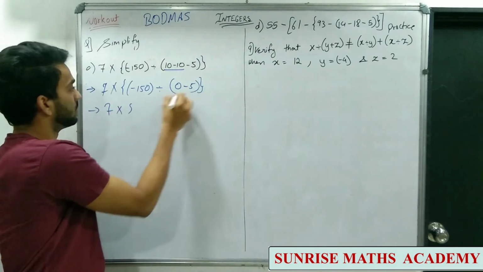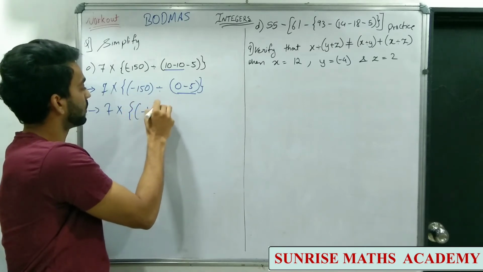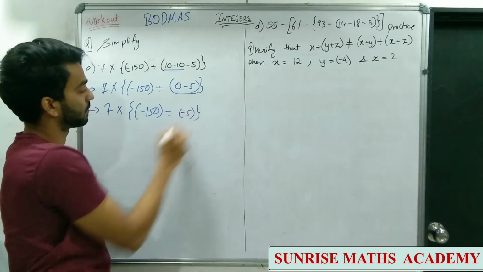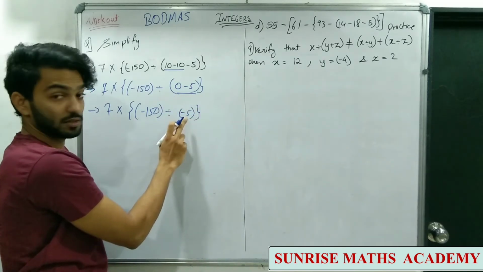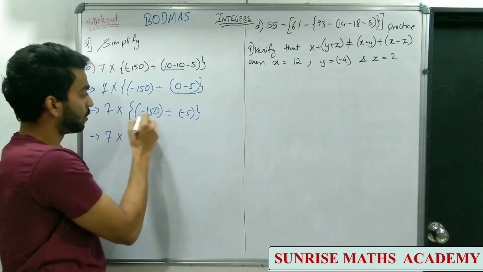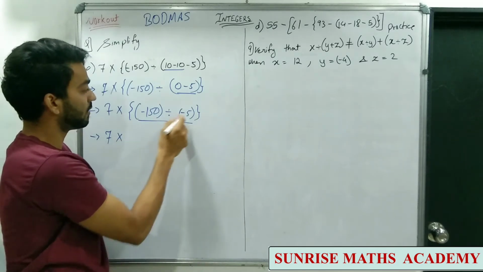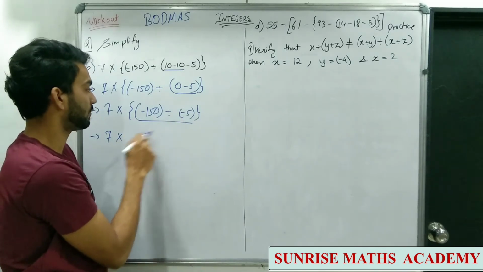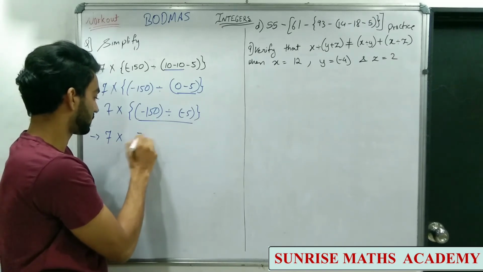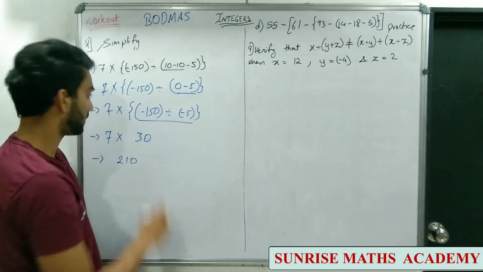Then this will solve: minus 150 divided by minus 5. The value of this bracket is negative, therefore I have given the bracket there. Now we are going to solve this curly bracket. Minus 150 divided by minus 5 means 150 divided by 5 is 30. Minus minus is plus. Then 7 into 30 is 210.